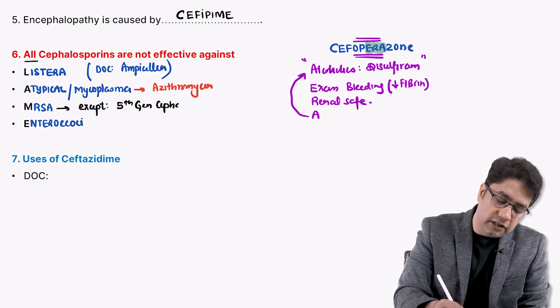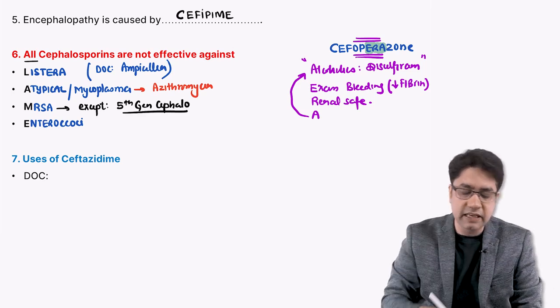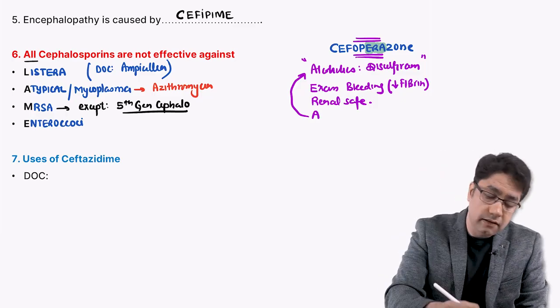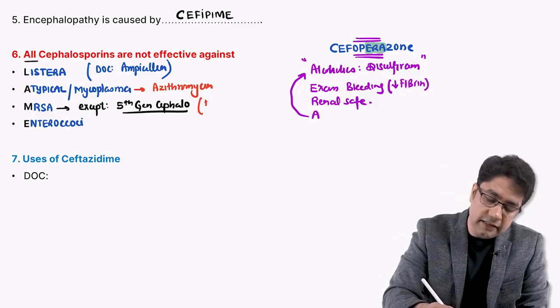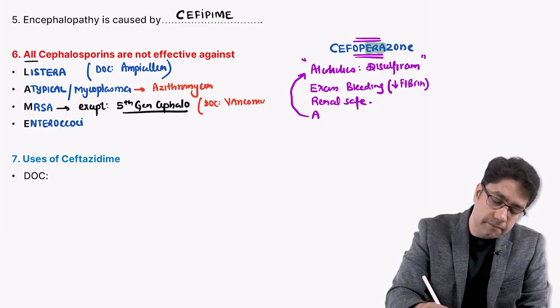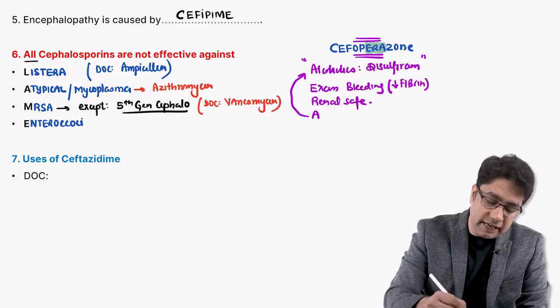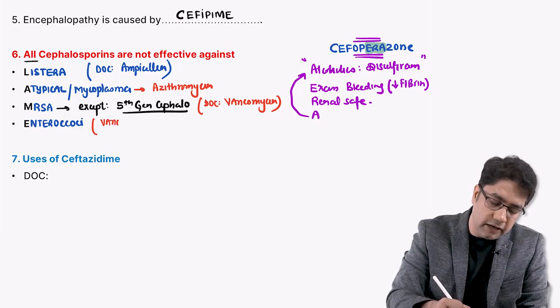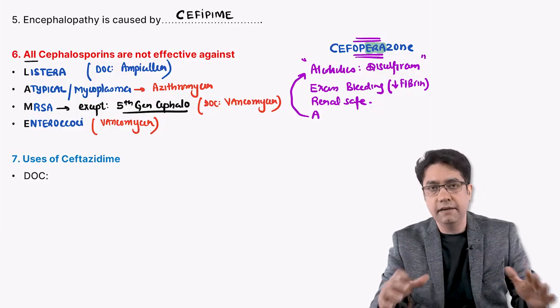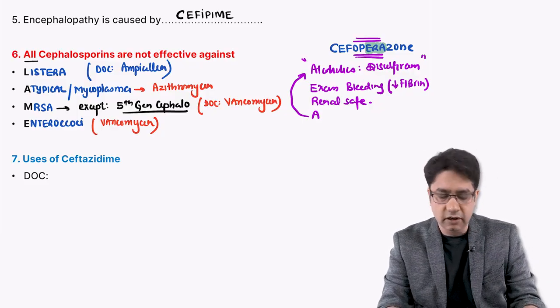So fifth generation cephalosporin is effective against MRSA, but the drug of choice for MRSA, we have discussed in the previous section, is vancomycin. And the same vancomycin can be given for the treatment of enterococcal infection. So these are the areas where cephalosporins are not effective.